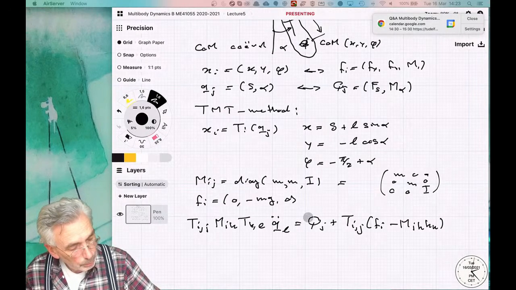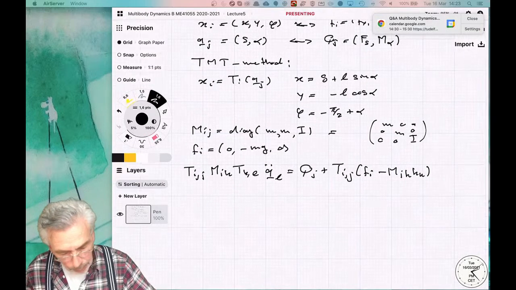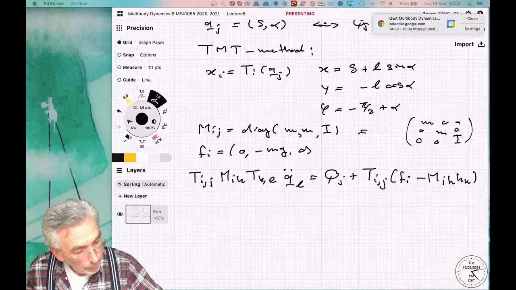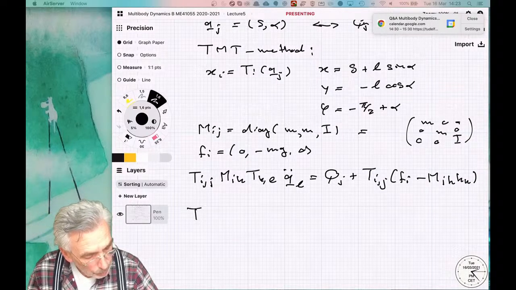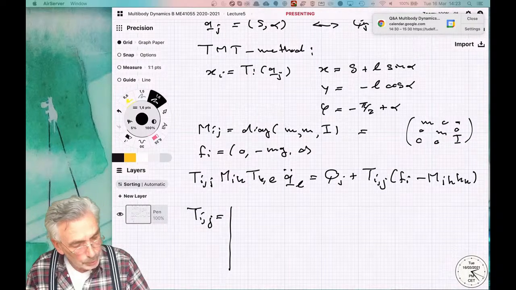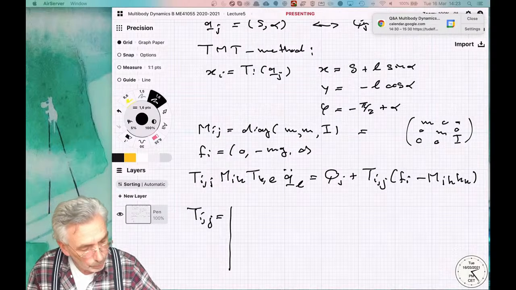So we have all the elements in place here, right? Well, not really. We have defined the transformation, we need the Jacobian, but that's easy. If we look at our equations here, to form the Jacobian Tij it's just differentiation, right? You have to differentiate these three first to s, that's our first coordinate.